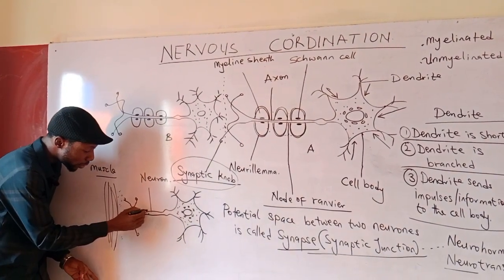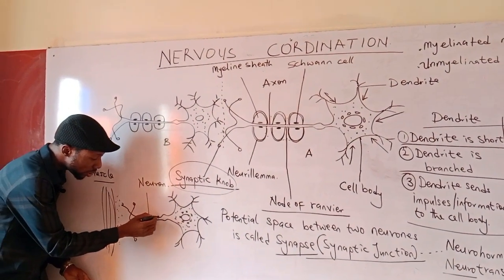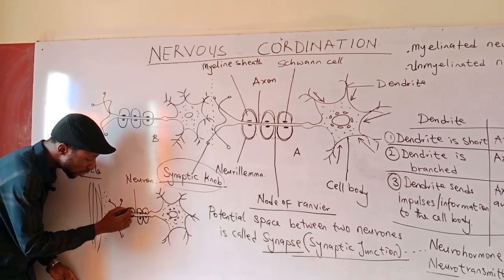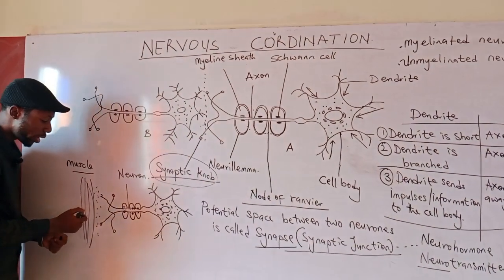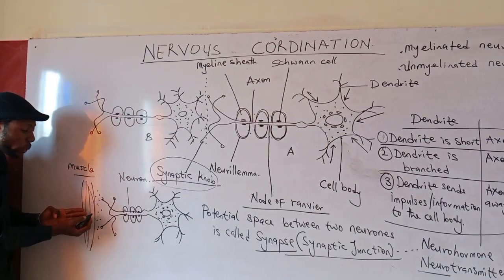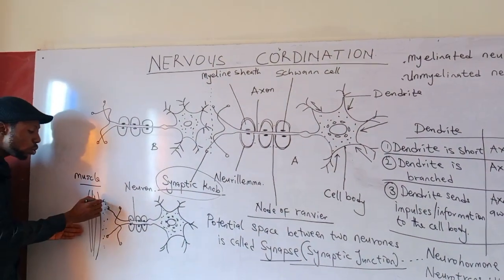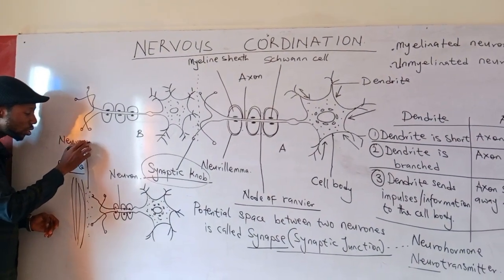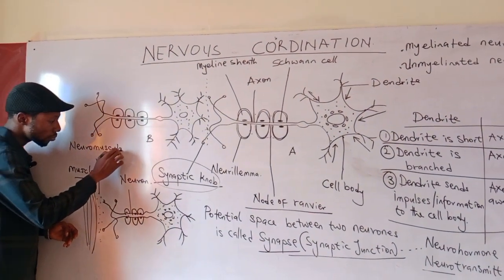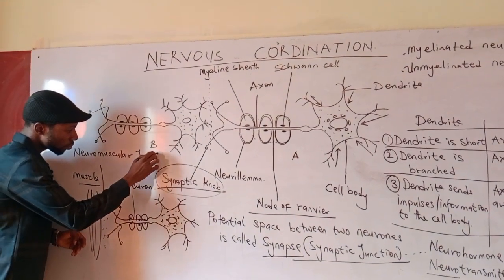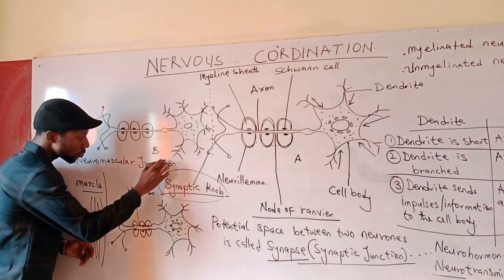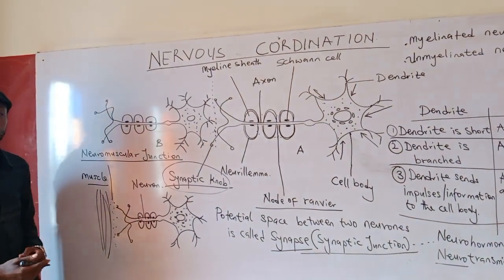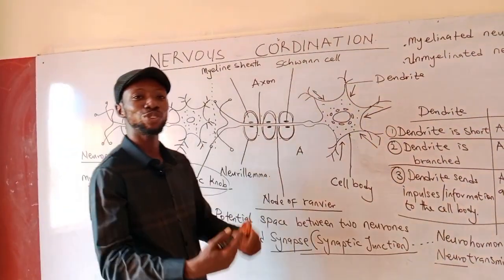Okay, that transmitter here is responsible for transmitting impulses from the neuron to the muscle. Okay, of course, we have our normal Schwann cell and the myelin sheath. Okay, so that space between the neuron and the muscle is known as the neuromuscular junction.